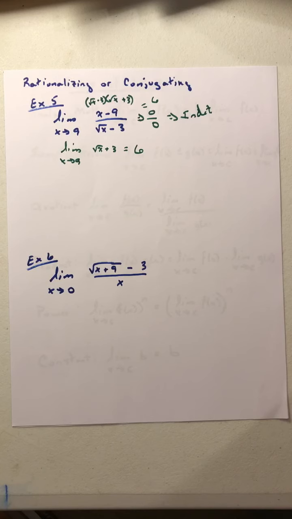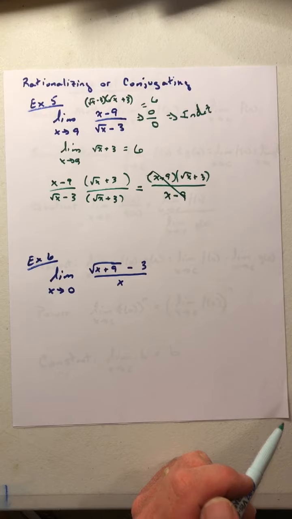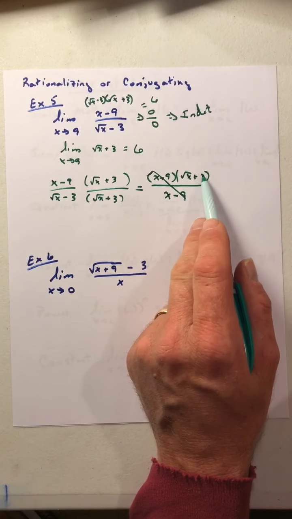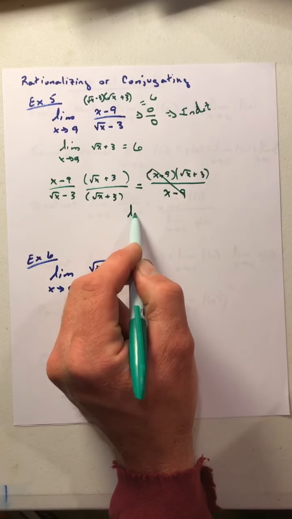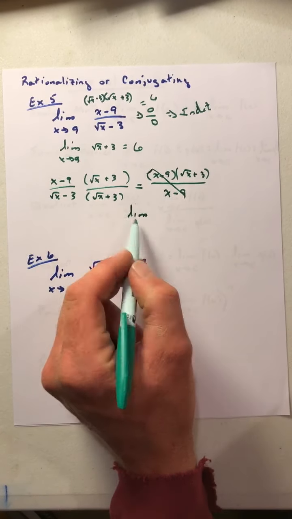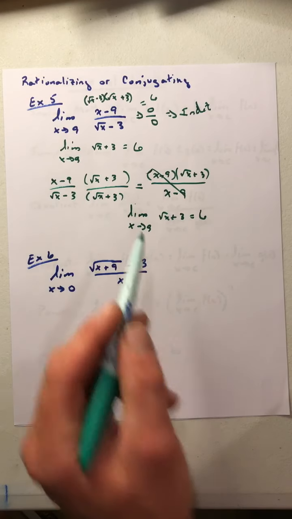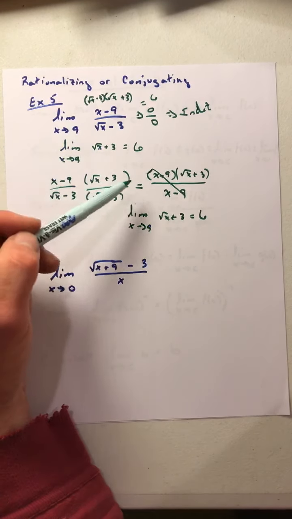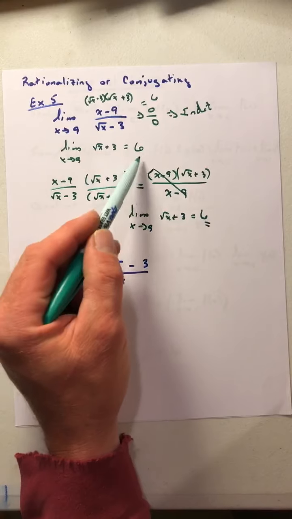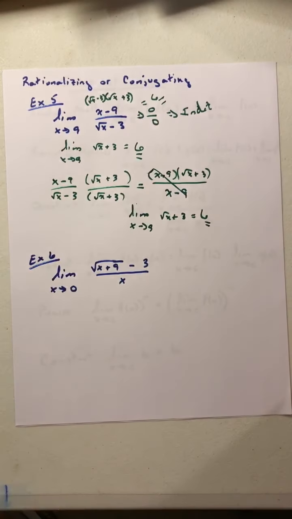So those factors will cancel. So I'm looking at the square root of x plus 3, which we just looked at previously. The limit as x goes to 9 of the square root of x plus 3 gives me 6. So again, either way you look at it, we all get the same answer of 6.